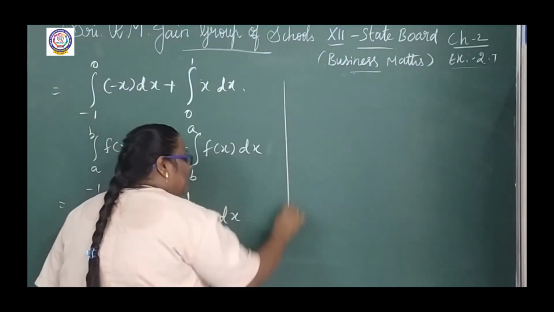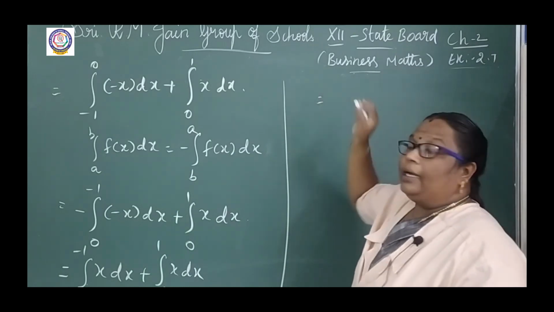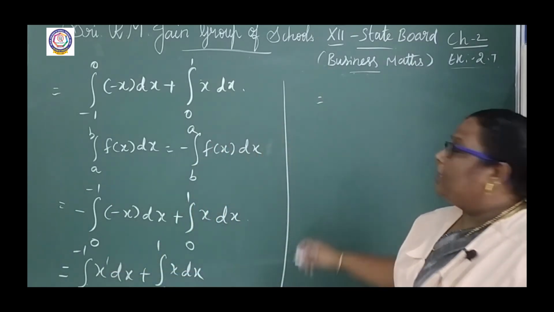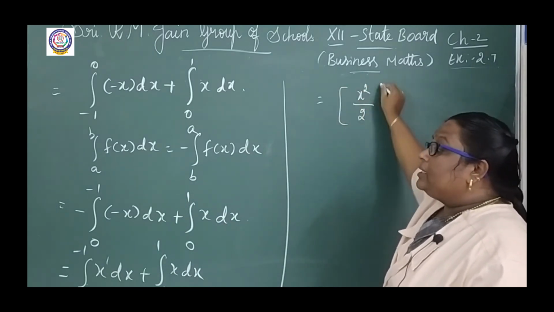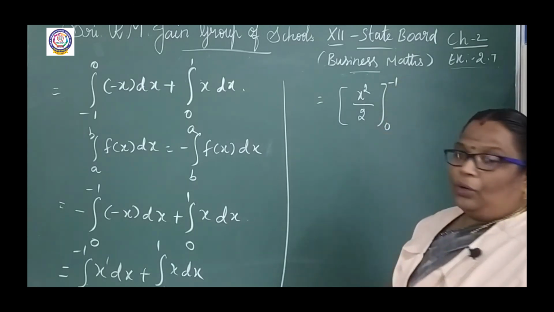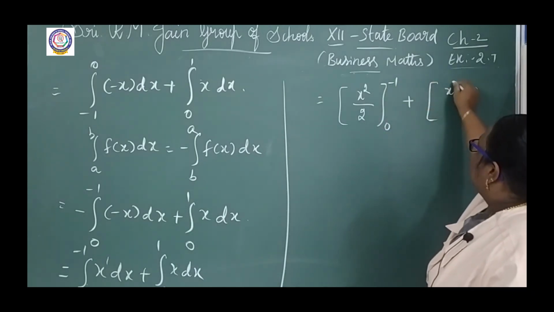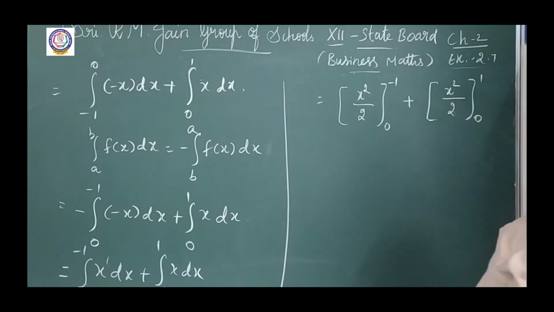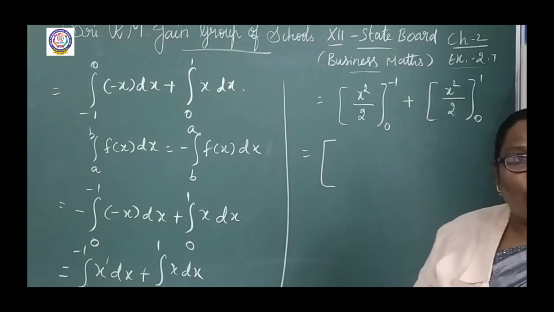See here, integral of x, that is x power 1, gives x square by 2, with limit 0 to -1, plus x square by 2 with limit 0 to 1. Now you substitute upper limit minus lower limit.